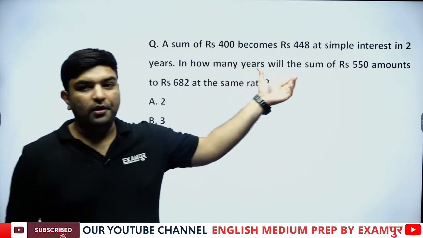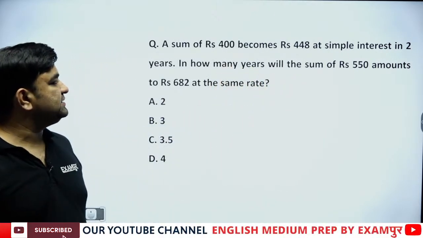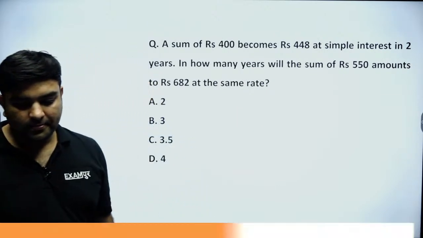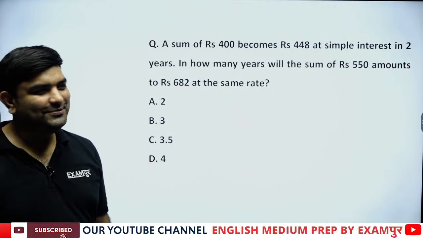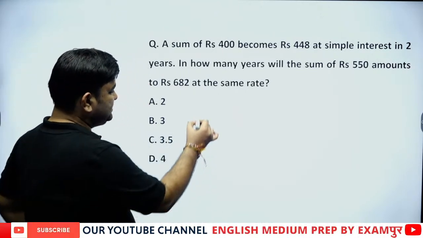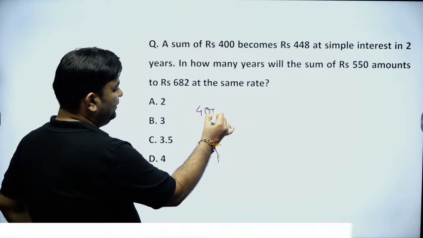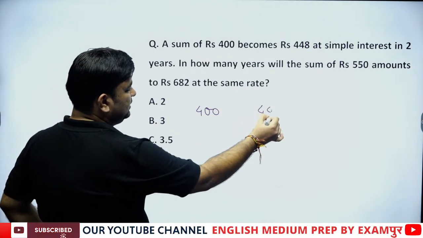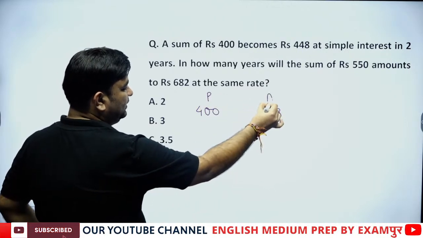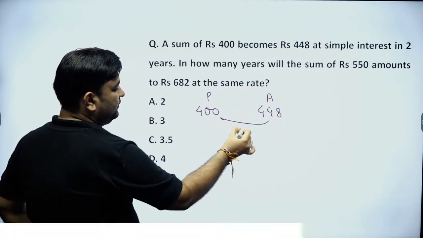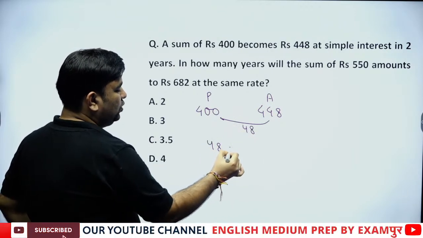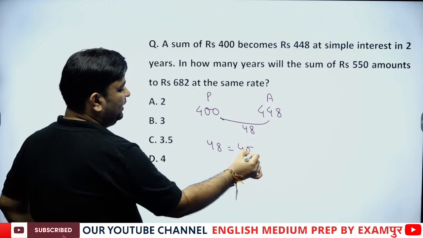A sum of 400 becomes 448 in 2 years. In how many years will a sum of 550 become 682? 400 becomes 448. Principal of 400 becomes an amount of 448, so interest is 48 rupees. 48 rupees interest over the principal of 400.